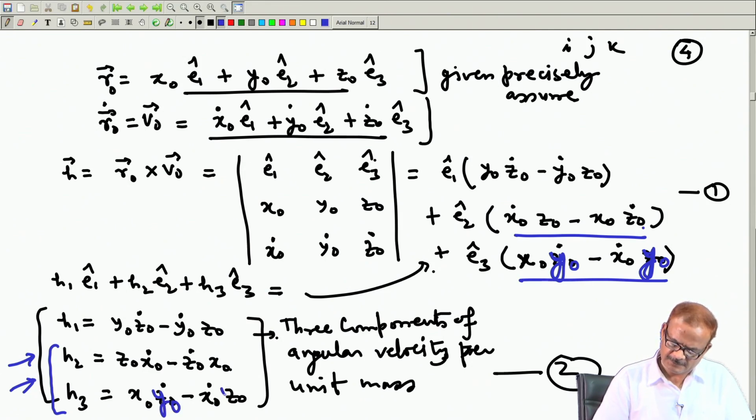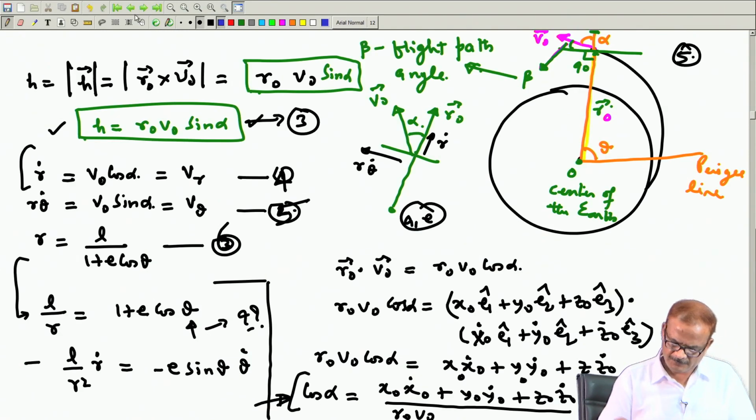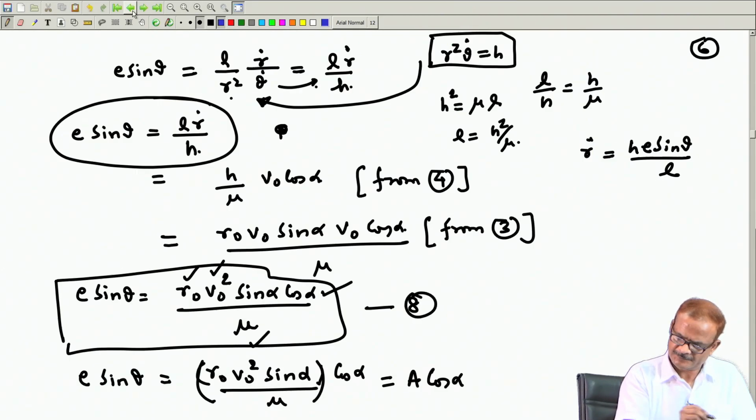This is a big error that has crept in. That is why I wanted to verify. By copying from one place to another, this kind of error creeps in.